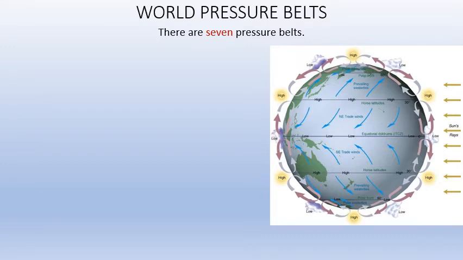But the low pressure zones like Equator, Antarctic Circle and Arctic Circle are receiving winds, the arrow marks are pointing towards those lines. Another important factor is that there is another important force that acts when the earth rotates, which is called Coriolis force.